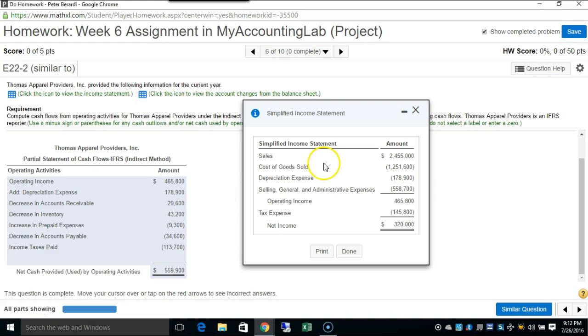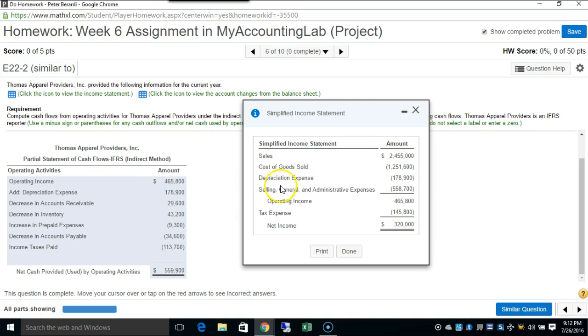Then look at your income statement and see what non-cash outlays can be added back to operating income. As you can see, depreciation expense is a non-cash deduction, so our operating income is really higher on a cash basis.